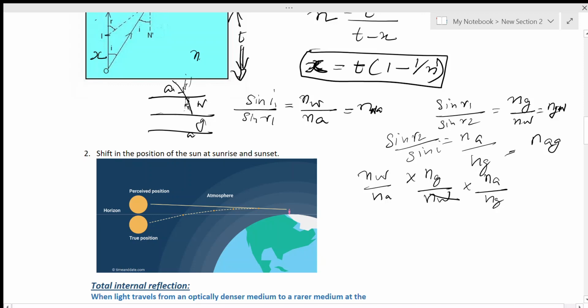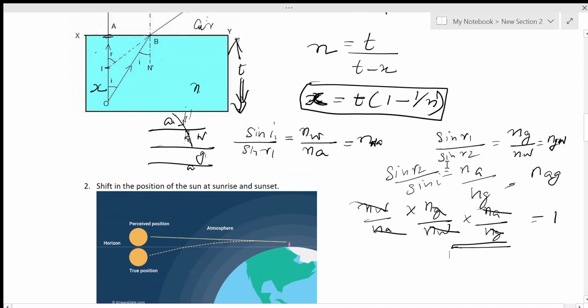So NW cancels, NA cancels, NG cancels, and what we get is 1. That is the way we will find out for multiple media how the refractive index comes out.